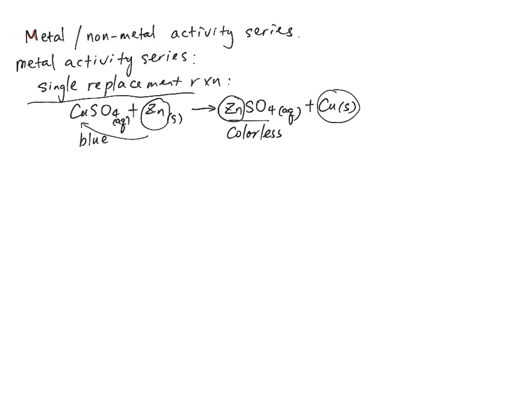This is in comparison with our double displacement reaction that we talked about before redox. Double displacement reactions are two ionic compounds exchanging partners. Single replacement doesn't involve two ionic compounds or two electrolytes. One metal goes into another metal's solution, takes its place, and kicks the other metal out. Single replacement.